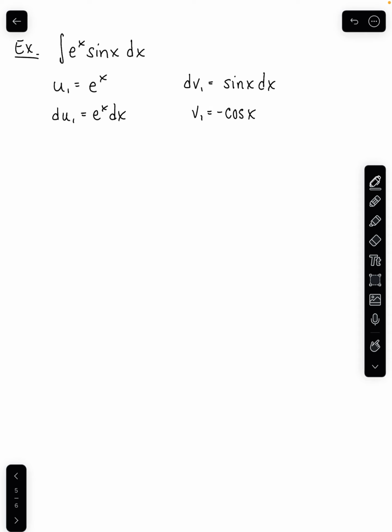Now note, neither one of these got simpler. Neither one of them got more complicated either. And that's really the goal. You'd like things to get simpler than what you started with, but at the very least, you don't want it to get any more complicated. So while we didn't make it simpler, we at least did not make this more complicated. Time to go to our integration by parts formula.